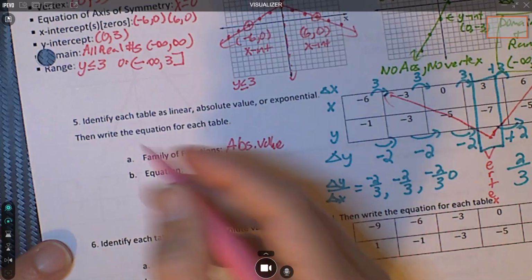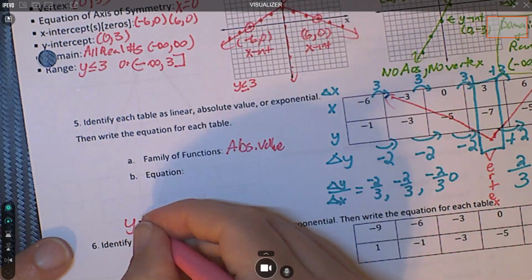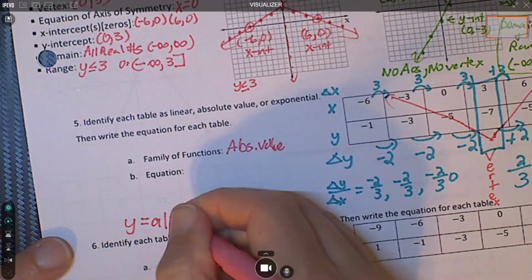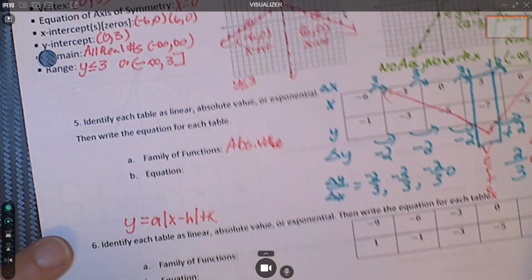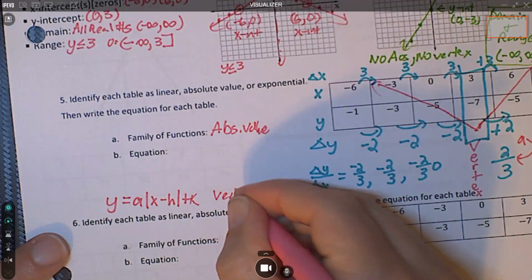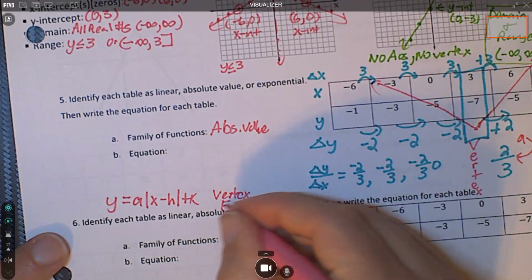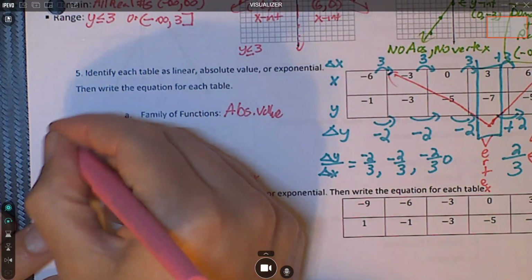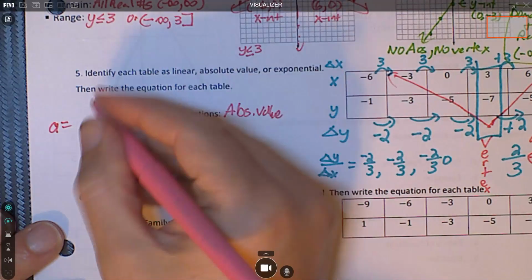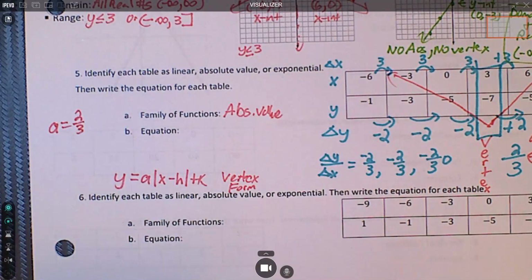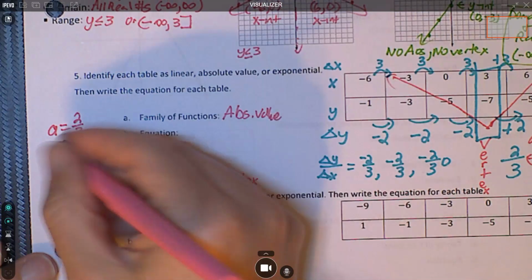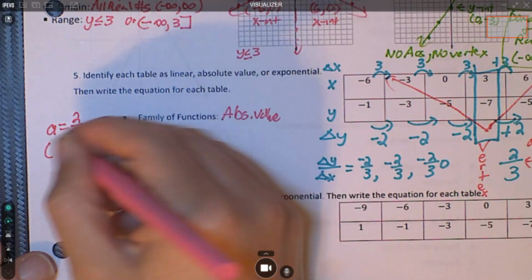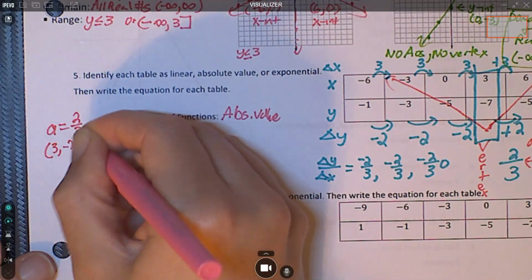Okay, so if we want, this is vertex form of absolute value. So A is the first point to the right. This is opening upward. I could show you your calculator so we know 3, -7 is the vertex.